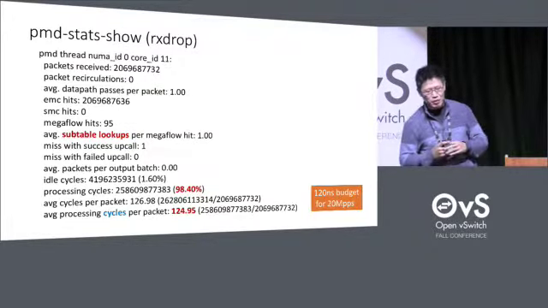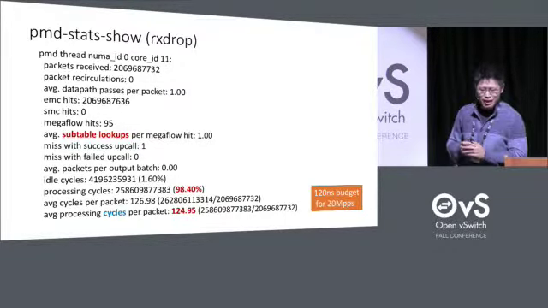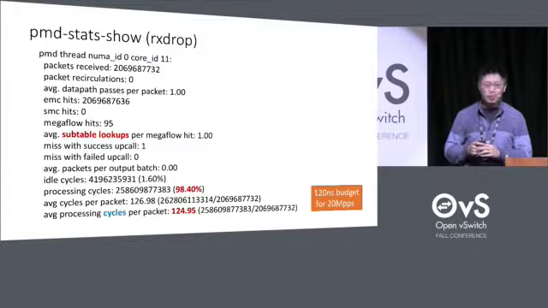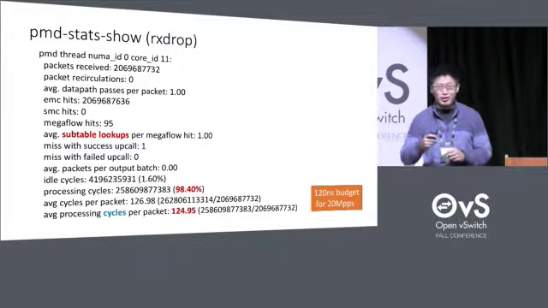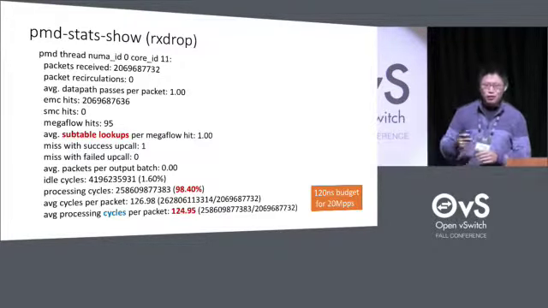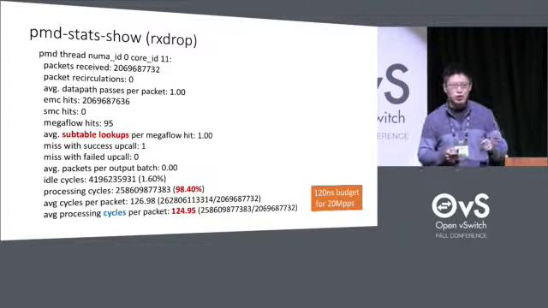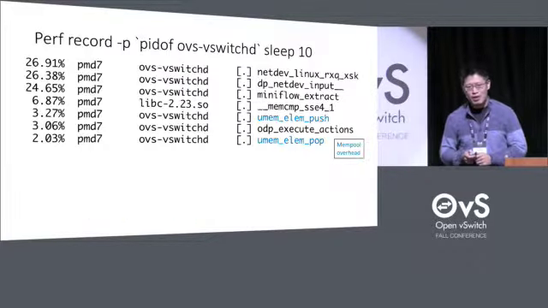As the bottom line, the most important number, the average processing cycles per packet is 124. This is good. Remember our budget is, sorry, not nanoseconds, 120 cycles for 20 million packets per second. So for Rx drop, we are close to 20 million packets per second.